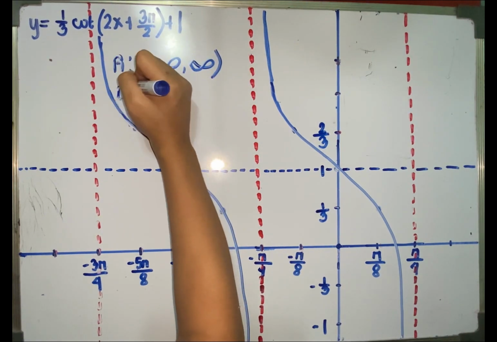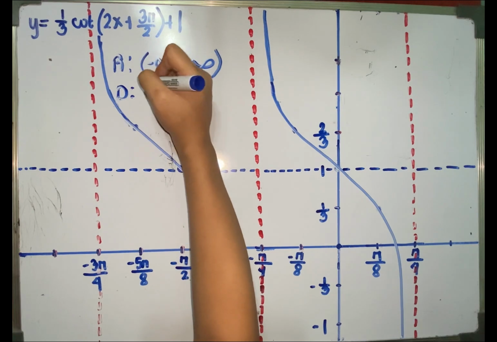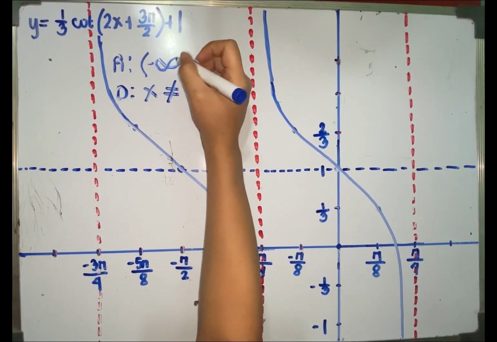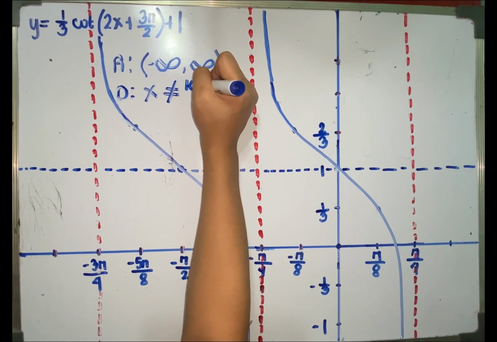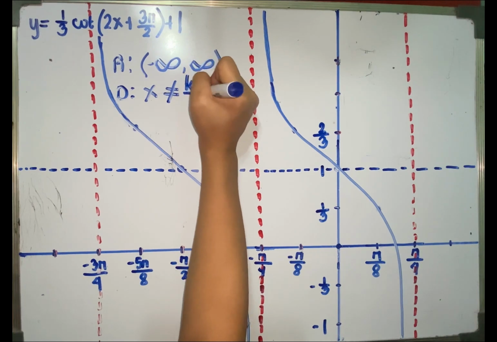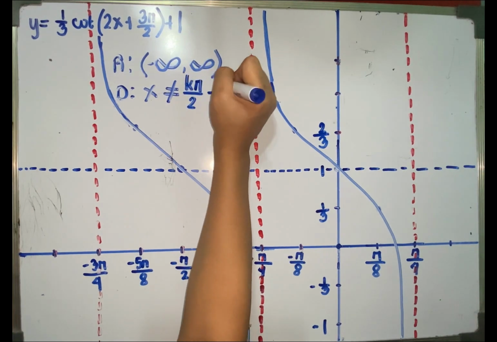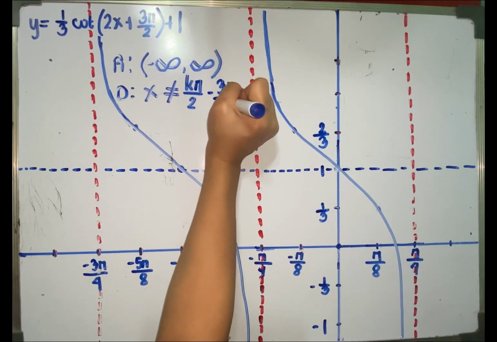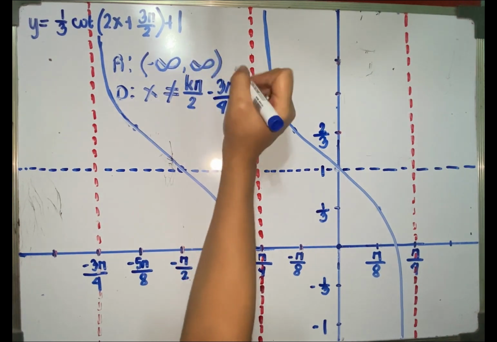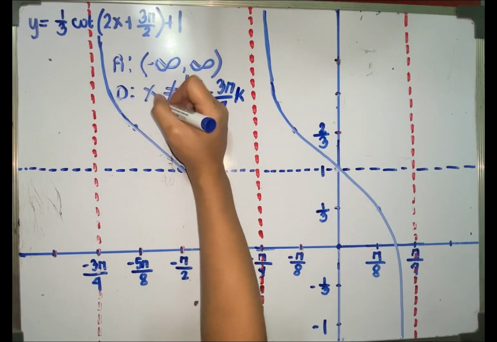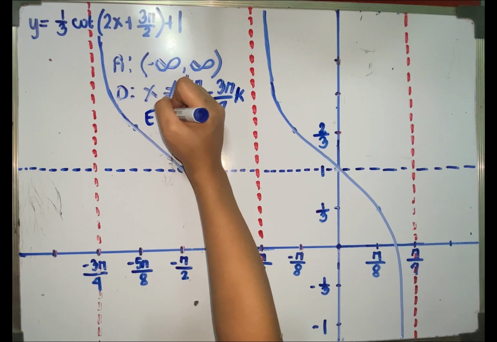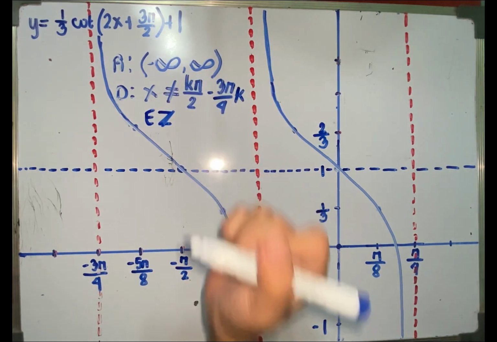And for our domain, we have all real numbers except pi over 2 minus 3 pi over 4 k, where k is an element of the integers.